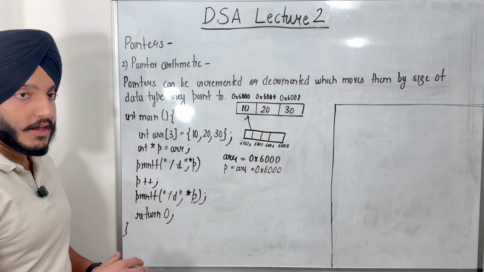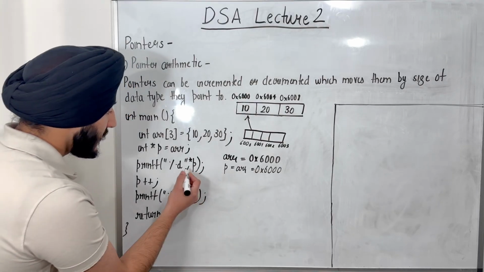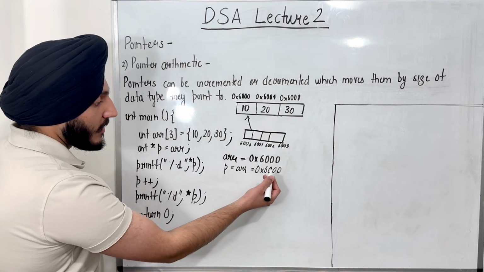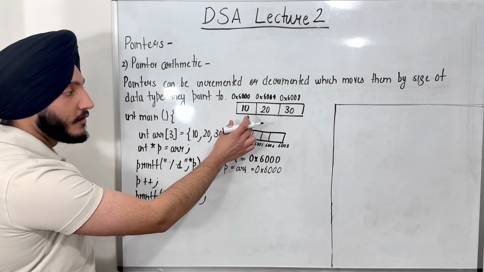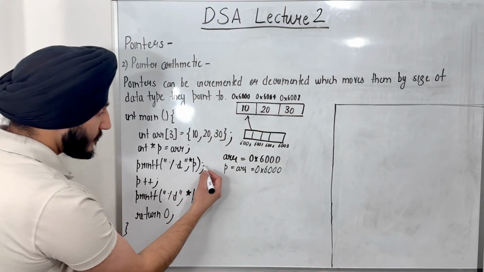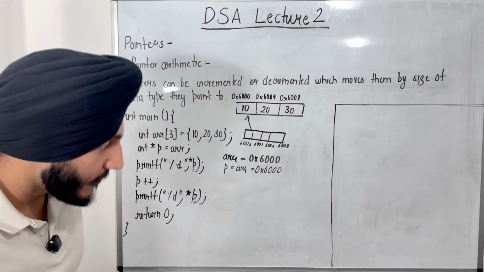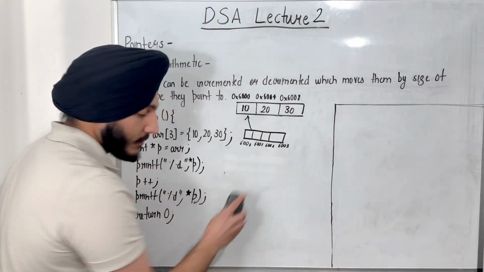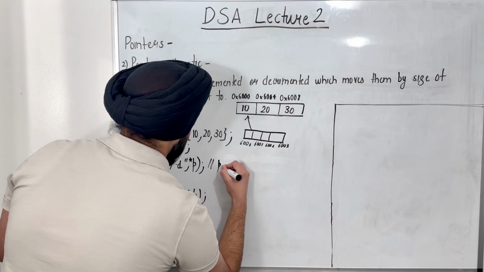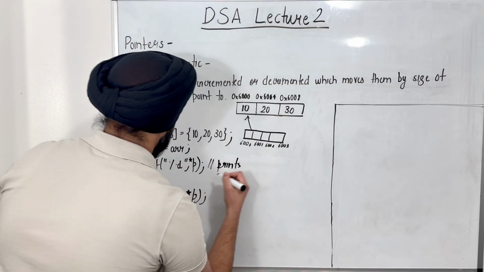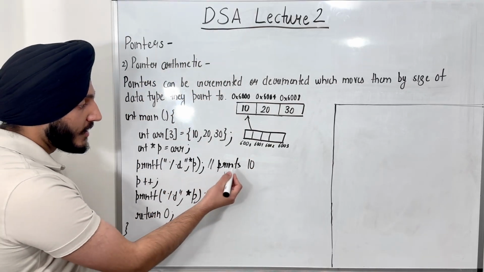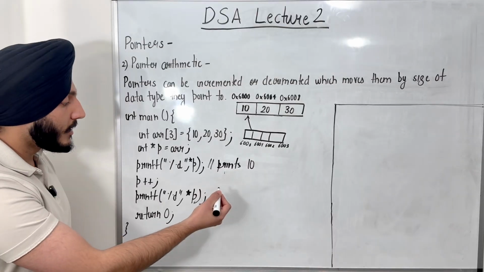Okay, if you're able to understand it, this star p, since it refers to the address 0x6000, the first value stored is 10. So it actually points to the first value inside the array. So this print statement over here would actually print the value 10. I hope that makes sense.